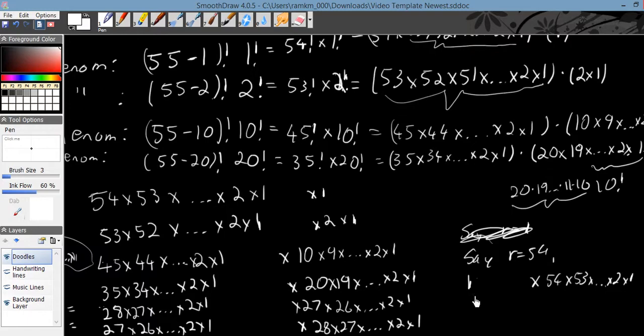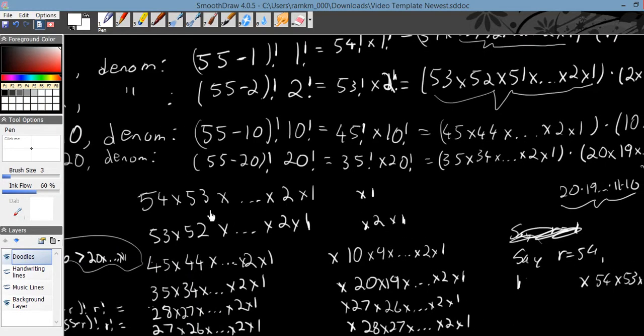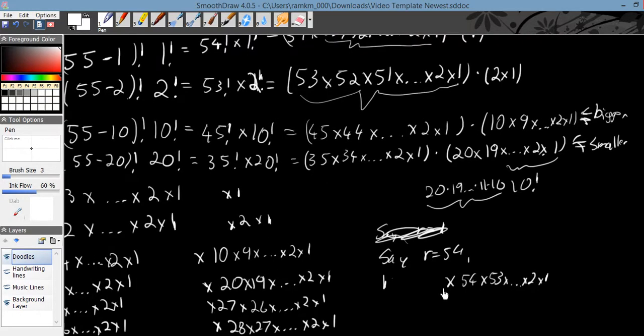But this is the exact same thing as if r equals 1, right? Here we have 54 factorial times 1 factorial. That's the same thing as 1 factorial times 54 factorial.